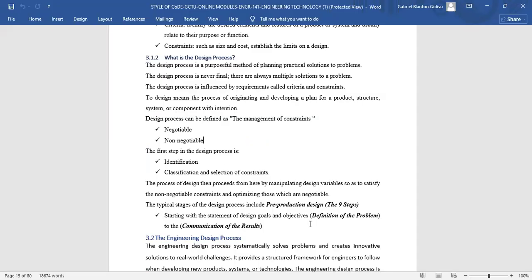The process of design then proceeds from here by manipulating design variables so as to satisfy the non-negotiable constraints and optimizing those which are negotiable.